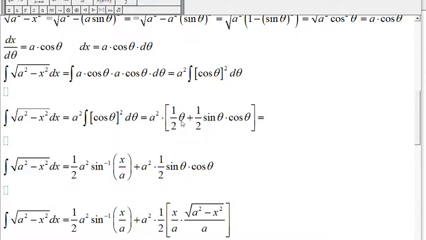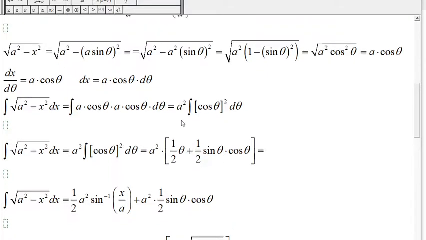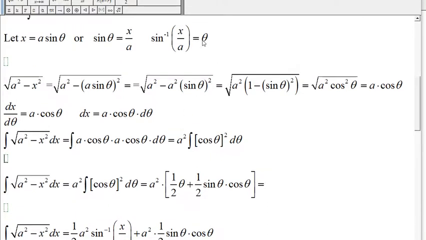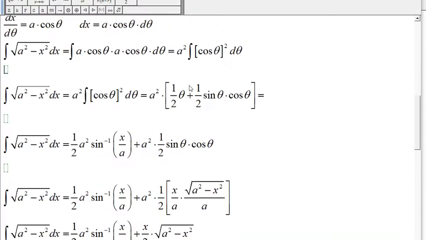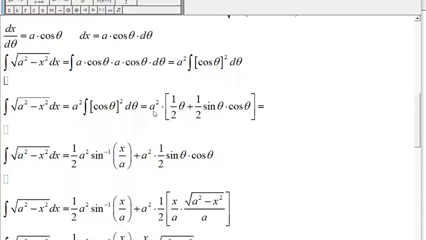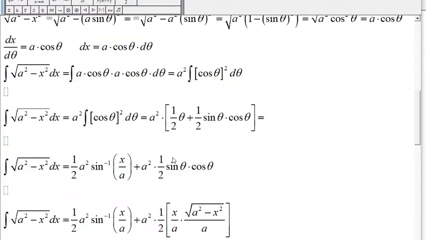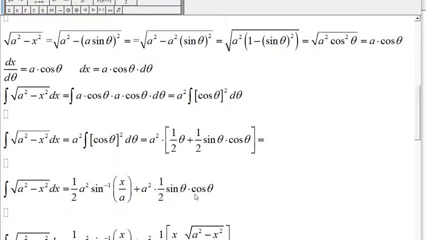But earlier we have shown that theta is sine inverse of x over a. So here we have a squared times a half times sine inverse of x over a. And then here we have a squared times 1/2 sine of theta cosine of theta.